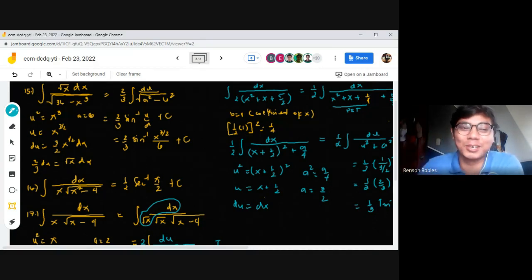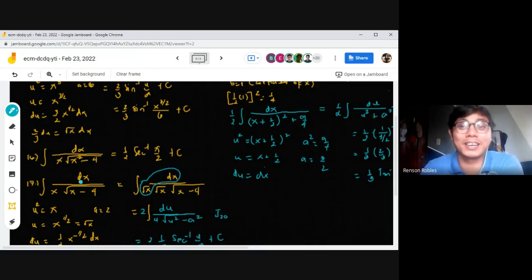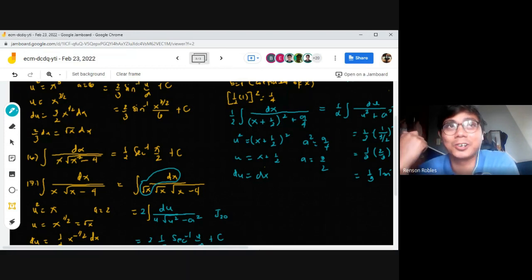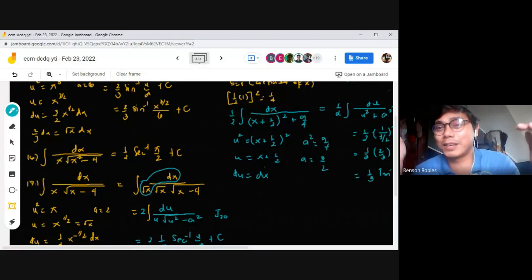Ito din, number 17. Pero pag binigay ko siya sa quiz, I cannot consider your solution kapag ang ginamit mong technique ay yung special techniques of integration na trigo. Yun namang special techniques of integration, hindi pa natin na-discuss.